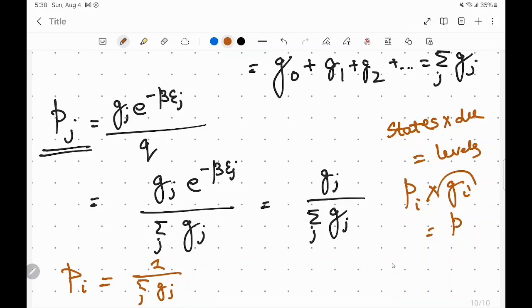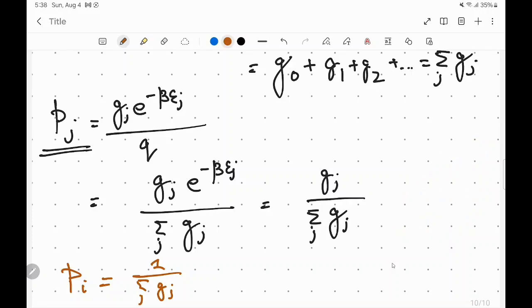So that's why this g_i will not be there in the case of a state, it will be cancelled out. When you are talking about states, there will be no degeneracy, obviously. But in the case of a level, you have to consider the degeneracy.